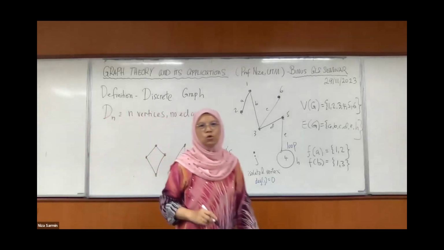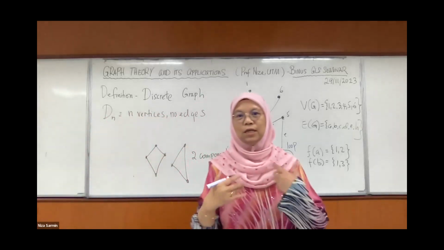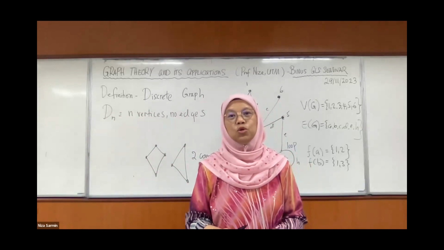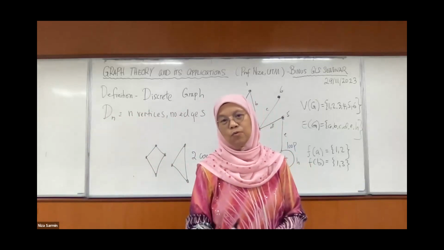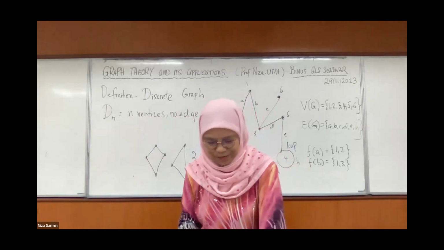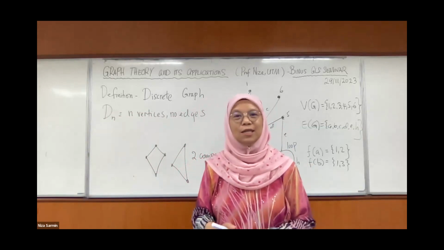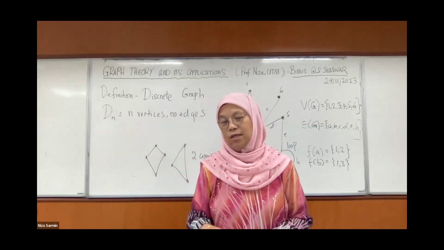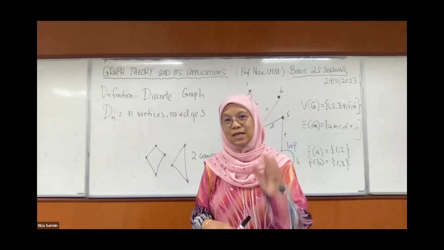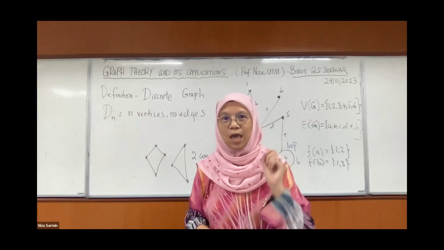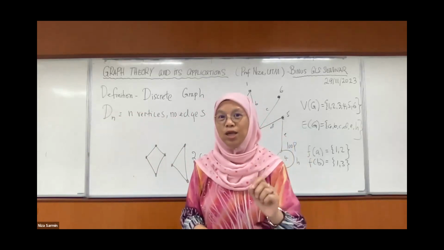If you're studying group theory, we also use D sub n for the dihedral group, but here, D sub n in graph theory is a discrete graph with n vertices and no edges.